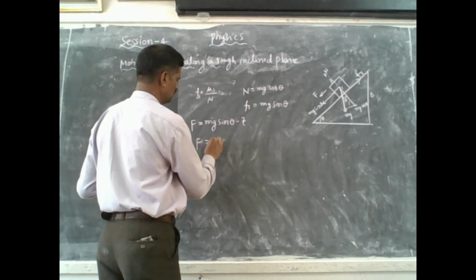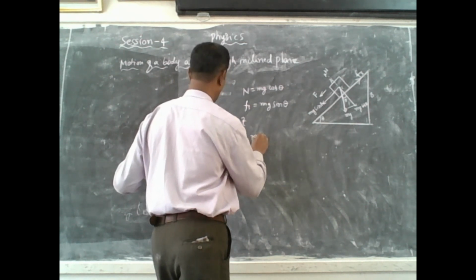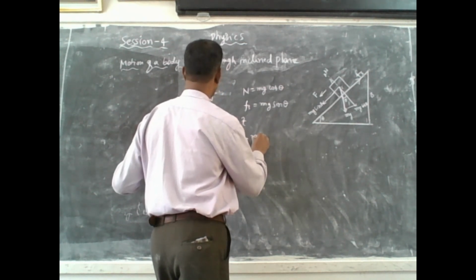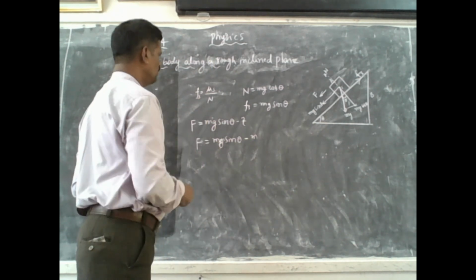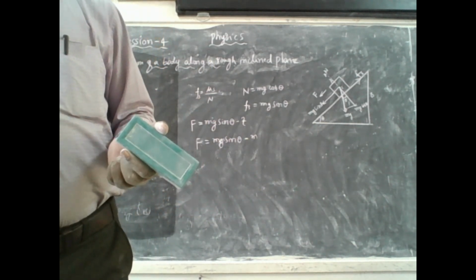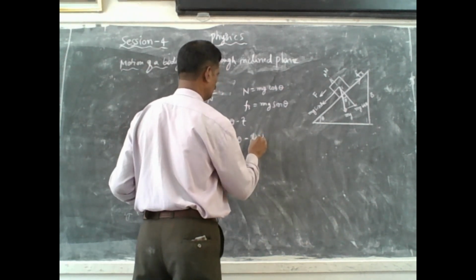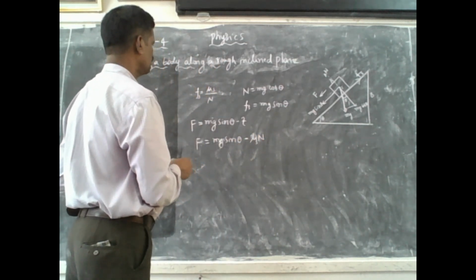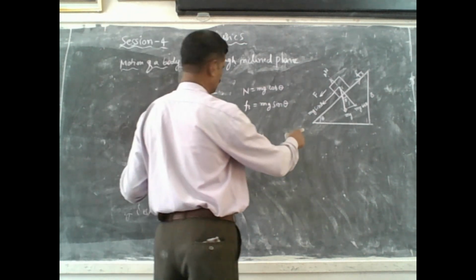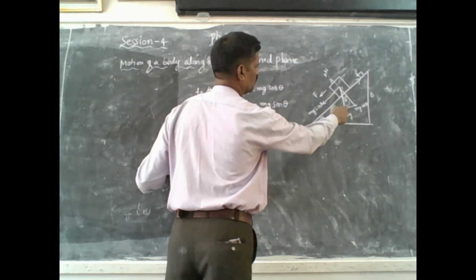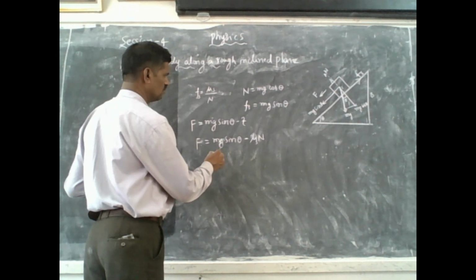So F equals mg sin theta minus Fs, and Fs equals mu s N, isn't it? N is equal to mg cos theta.